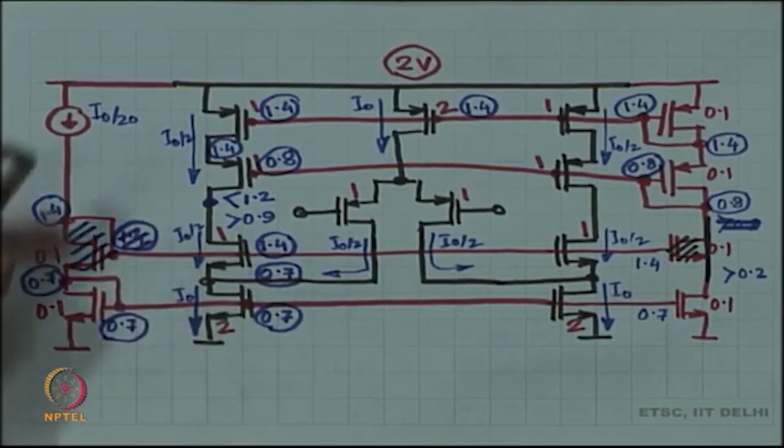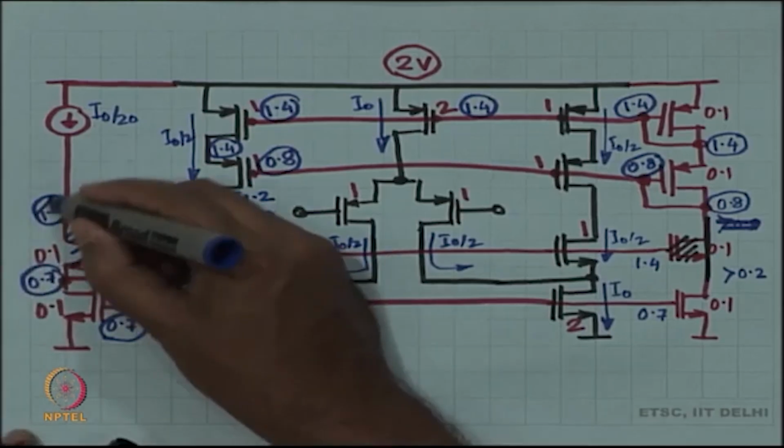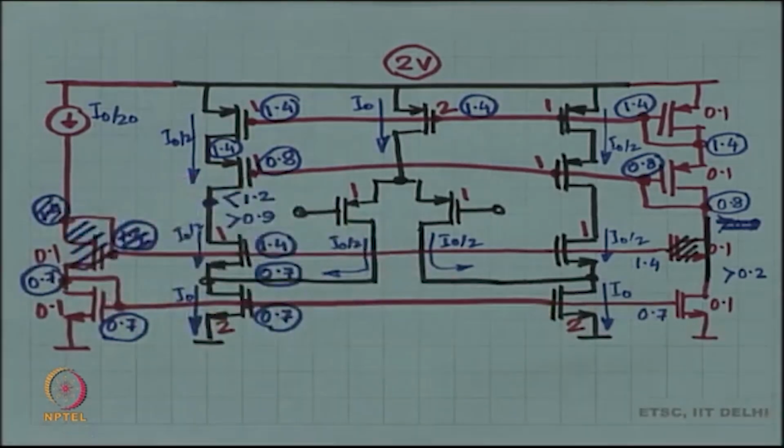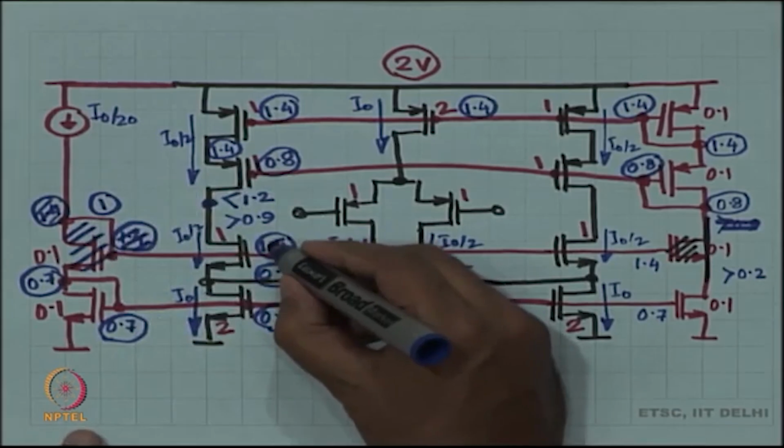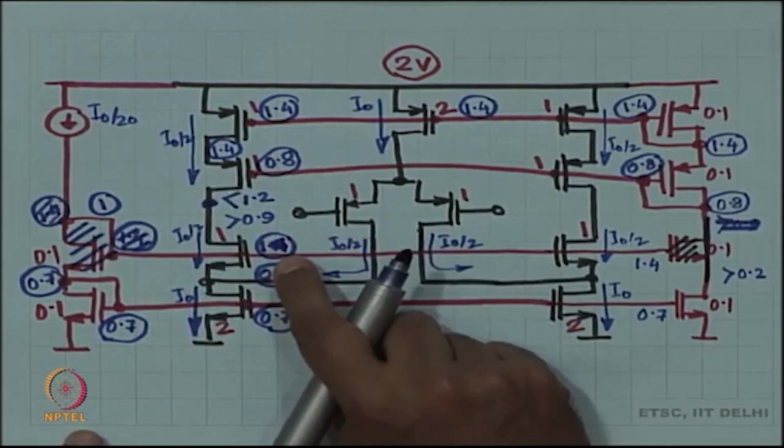Let us make sure that we do a little better job over here, and instead of 1.4 I make it, let us say, 1 volt, in which case this is 1 volt.